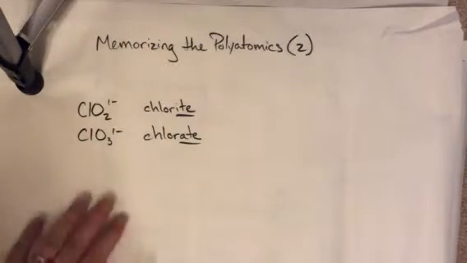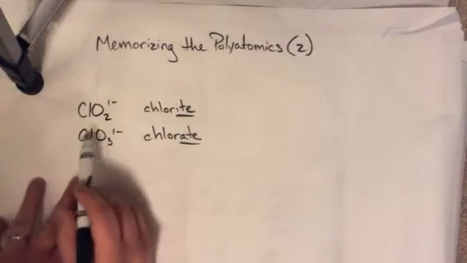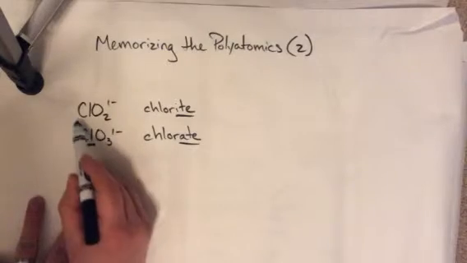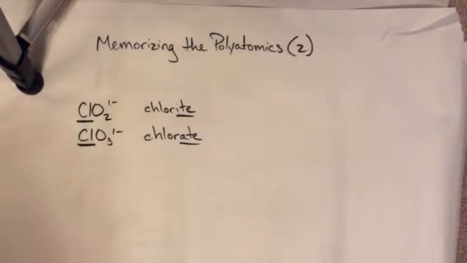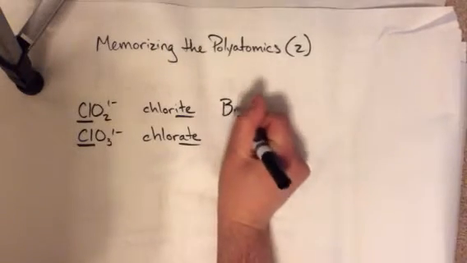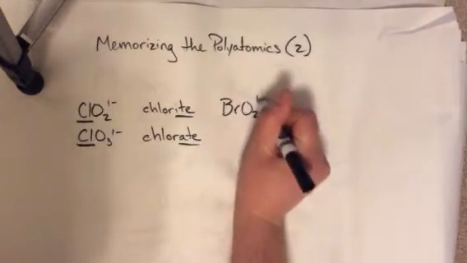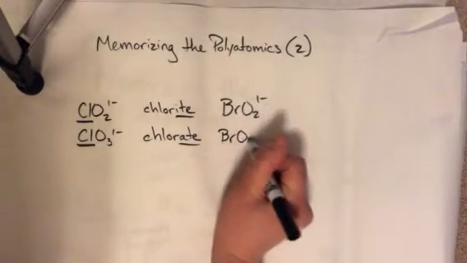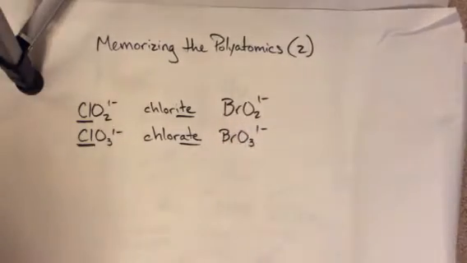All right, I want to show you this. If I had ClO2 versus ClO3, this is chlorine, a halogen, right? Well, I can do some other halogens also. BrO2, that's bromine, right? BrO3, that's bromate, so bromite versus bromate.